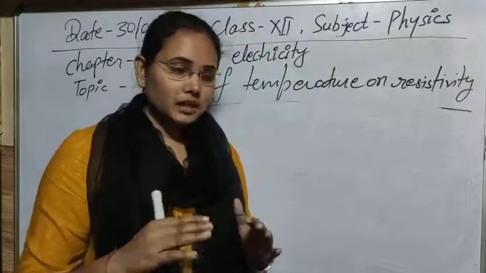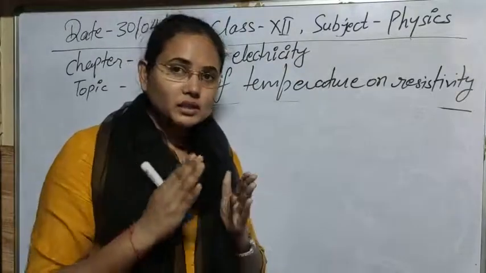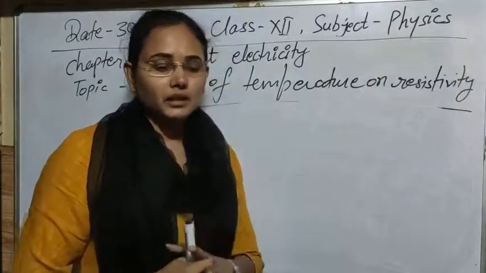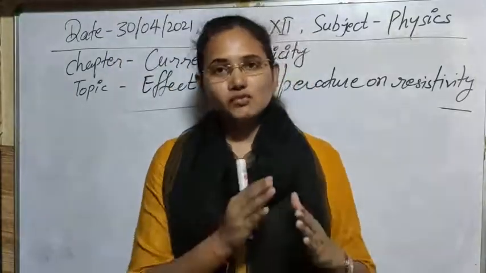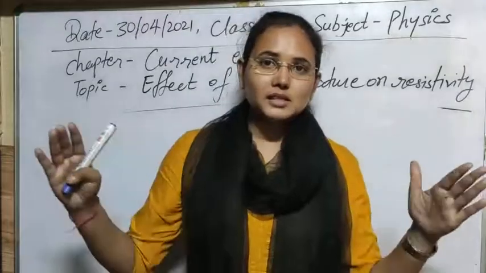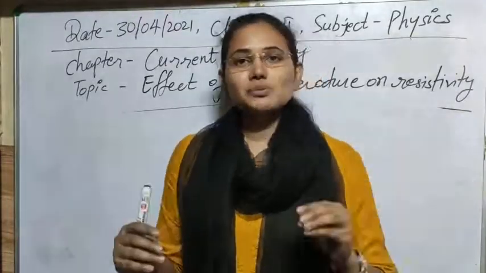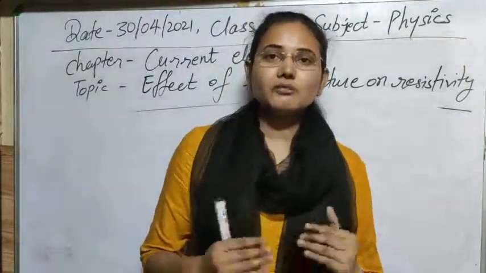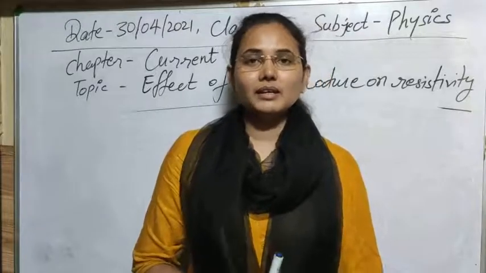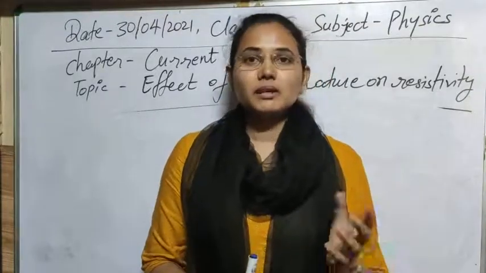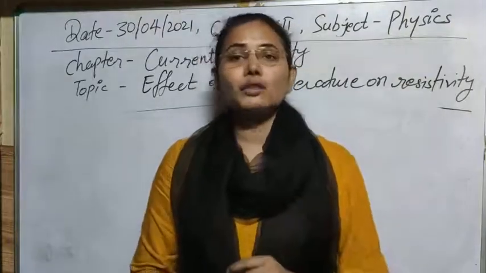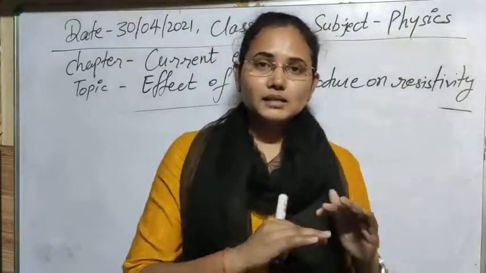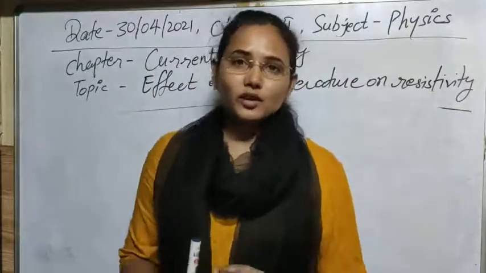Clear? Or you can say that if we are changing the resistance by a large value, there is only a very small change in temperature, because if there were a large change in temperature, then the system would heat up, and due to the heating problem we would have to cool it.